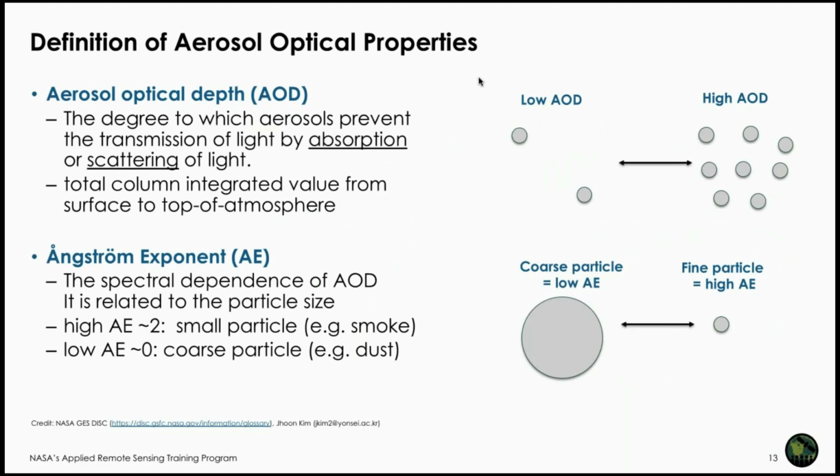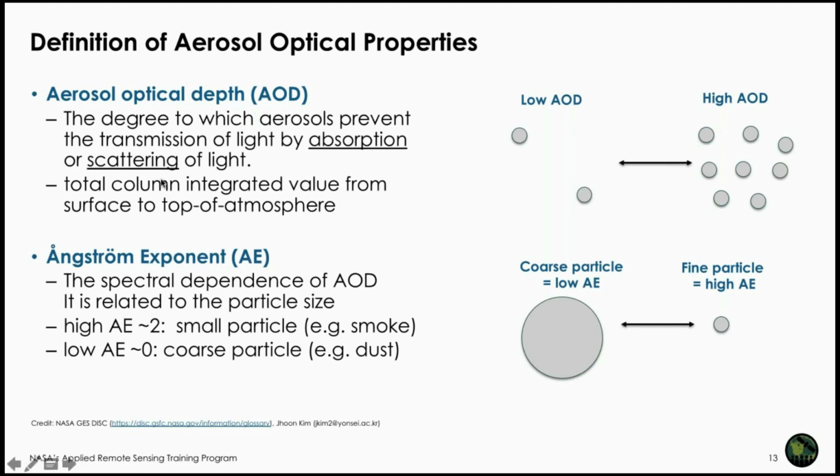Here are the definitions of aerosol optical properties. The first one is the aerosol optical depth. Aerosol optical depth, or AOD, is the degree to which aerosols prevent the transmission of light by absorption or scattering of light. We can think of it simply: low AOD means very clear conditions in the atmosphere, and high AOD means very thick aerosols in the atmosphere.